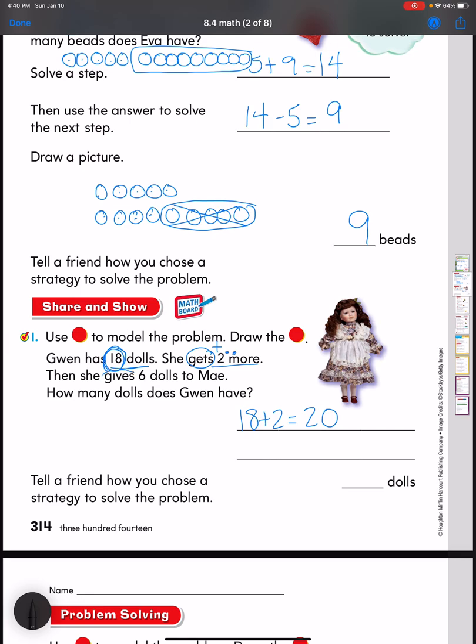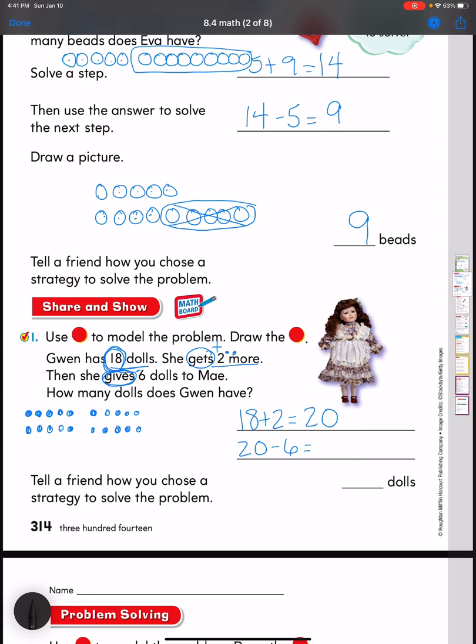Then she gives 6 of them to May. Gives is a subtraction word. So I would say 20 minus 6. You can pull out counters to solve that, or you could draw a picture. I will draw a picture since we are on a video. I'm drawing 20 circles to represent Gwen's 20 dolls.